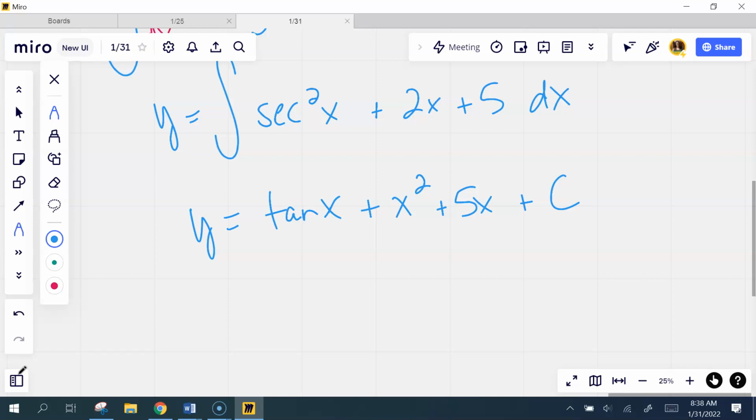If you don't have a point, you definitely leave the c. This says find a general solution, so you leave the c in there. If it says exact and it gives you a point, they'll give you an initial value and tell you. We'll do one like that in a second. Bounds are definite, no bounds are indefinite, and indefinites always get that c at the end, unless you're given an initial value.